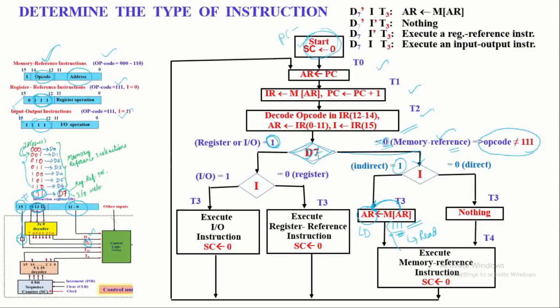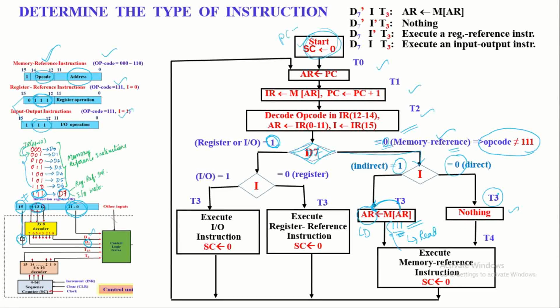Whenever the I flip-flop contains the value 0, then nothing is required to be done during the timing signal T3, because the effective address of the operand is already directly available in the address part of the instruction. So there is no need of fetching the effective address of the operand to the address register.